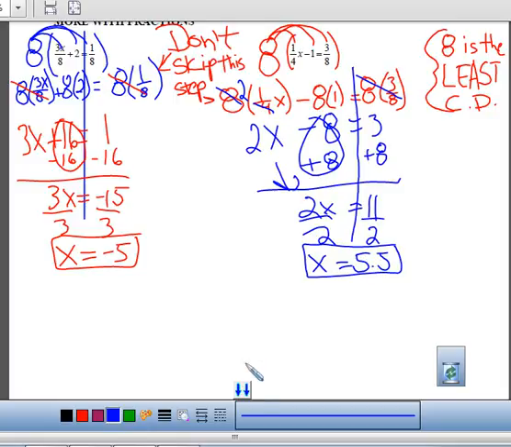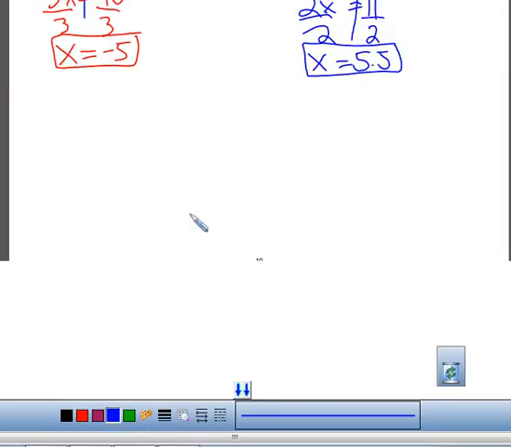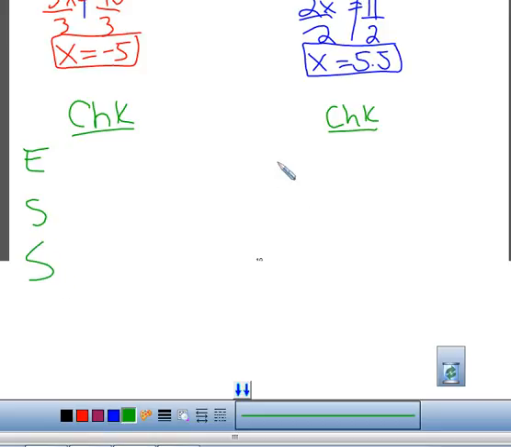Okay. Now, if I'm going too fast, pause it. Catch up. Now I'm going to do the check for both of these. So check, and of course, as all of you know and love to do, we are going to do ESS, and we start by rewriting the original equation.